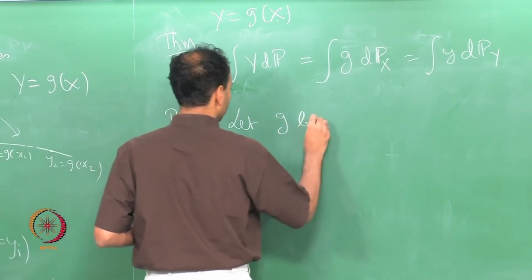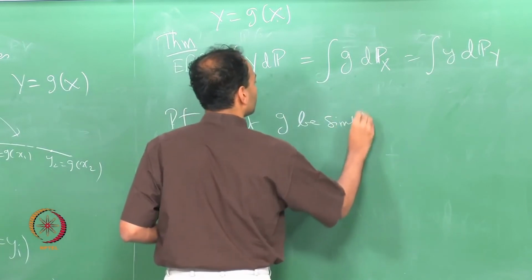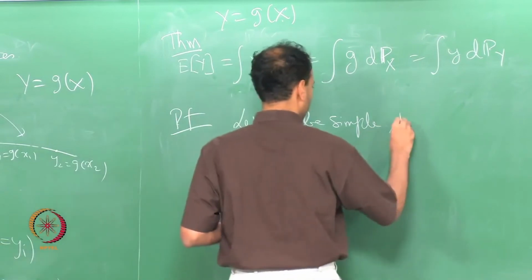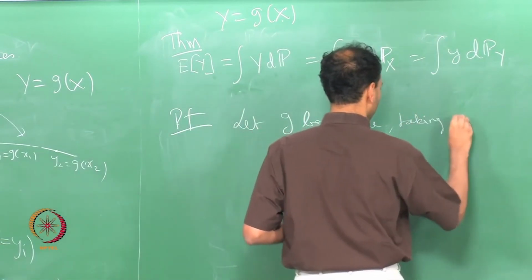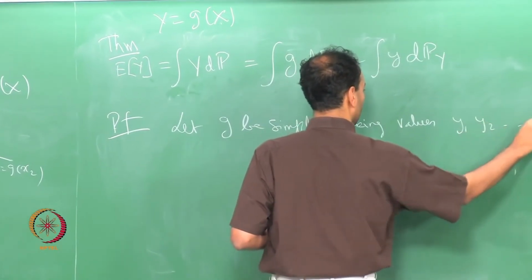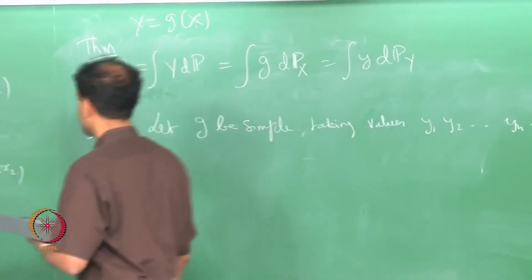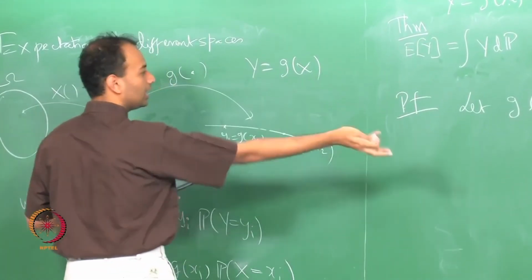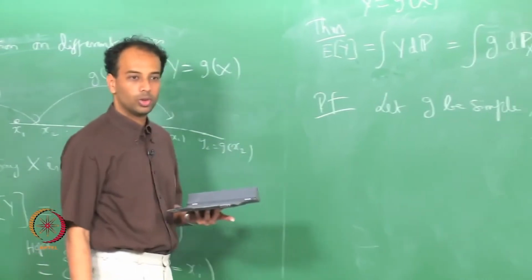Let g be simple, taking values y1, y2, ..., yn. What I am saying is that g is a simple function and it takes only n values, y1, y2, ..., yn.